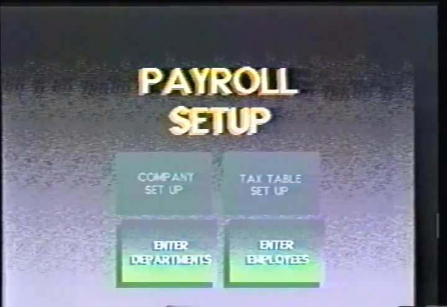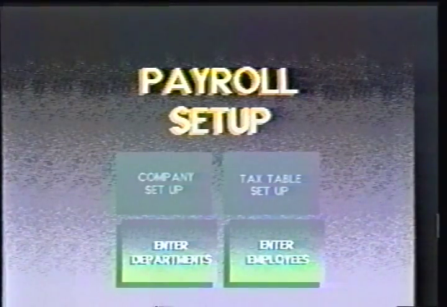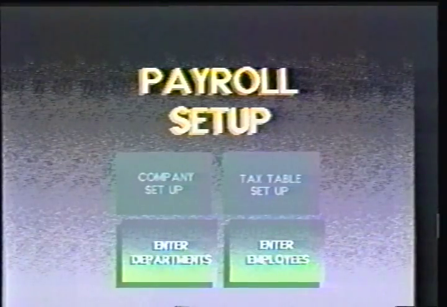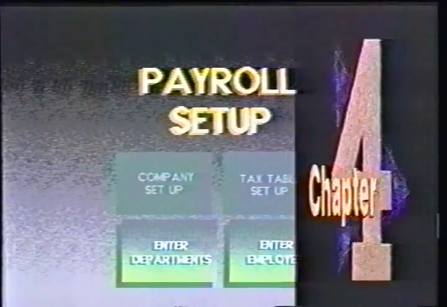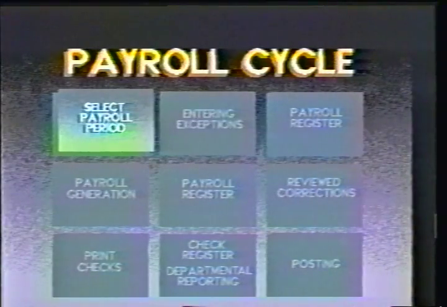The last 2 steps of the setup are entering your company's departments and employees. Enter departments first, by entering an account number for the liabilities, earnings, and deductions which affect the employees working in the department.